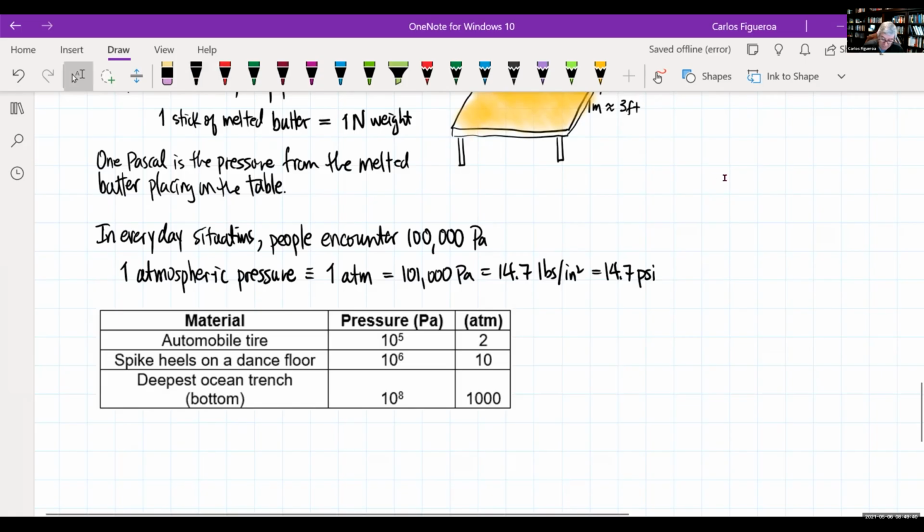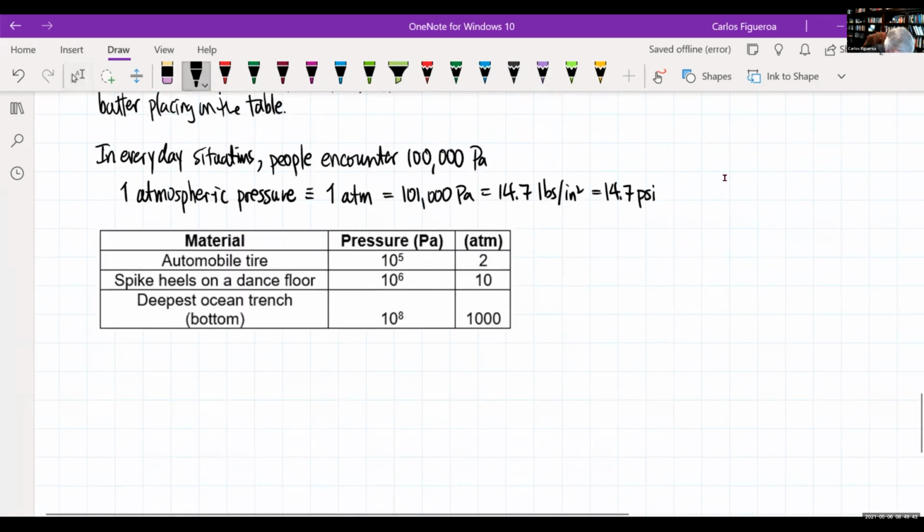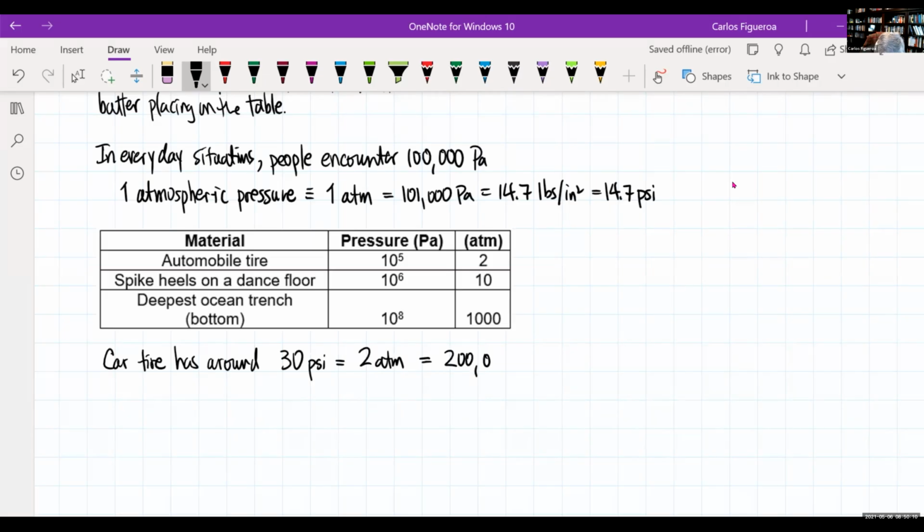So if I have a car tire, it has around 30 psi. Well, 30 psi is about 2 atmospheres. So this means that this is about 200,000 pascals. So that's quite a bit.